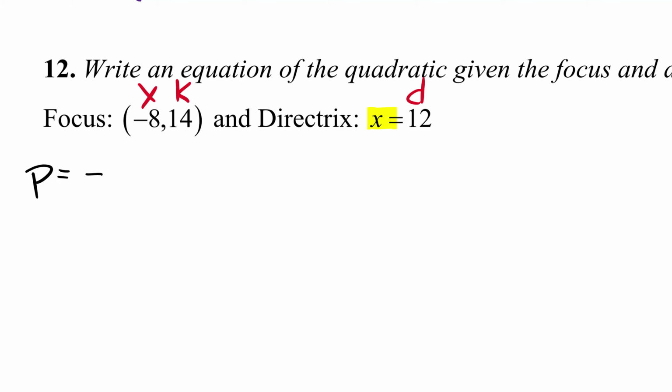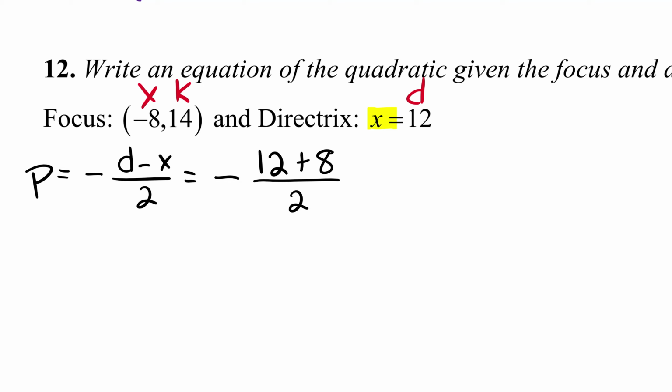So that's negative d minus x divided by 2. Okay, so I'm going to have negative d is negative 12 minus x. So if x is negative 8, two negatives make a positive 8 over 2. So negative 12 plus 8 is negative 4 over 2, or negative 2. Okay, so there, I found p.